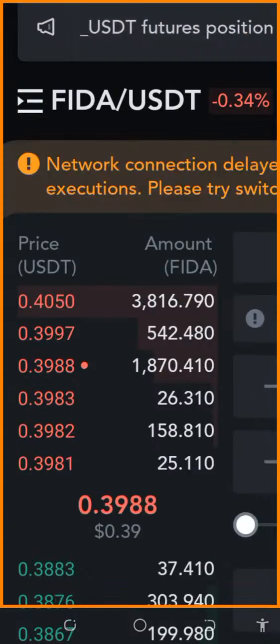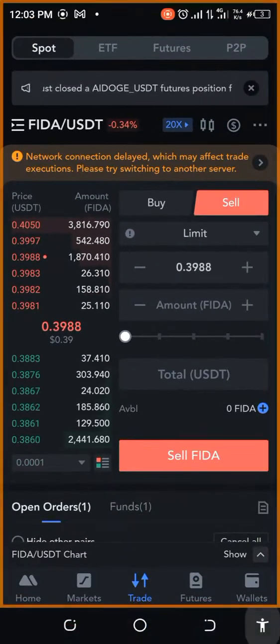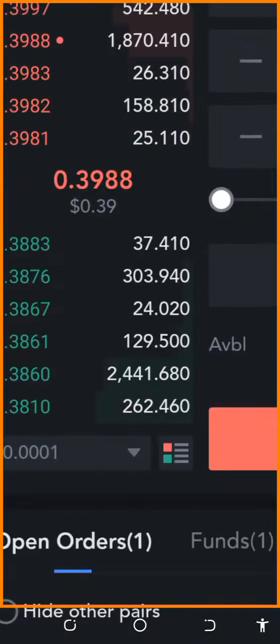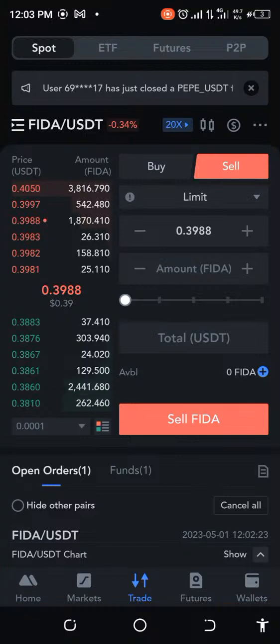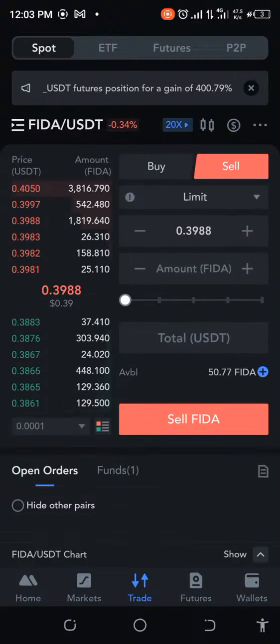You can see that 3988. Okay, but if I want to sell this off quickly, let me see what this is. This is 37. You can see that if I want to choose this particular price, it's going to show me. Let me cancel this and show you this. Okay, so I've canceled that.